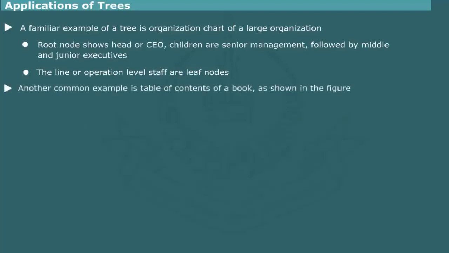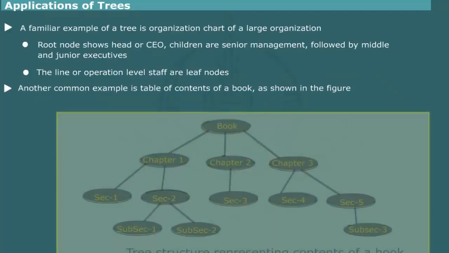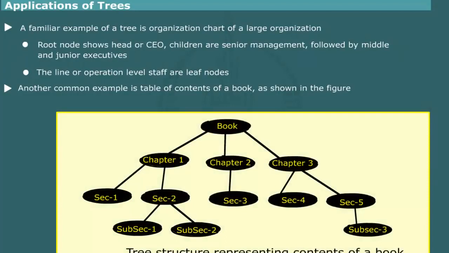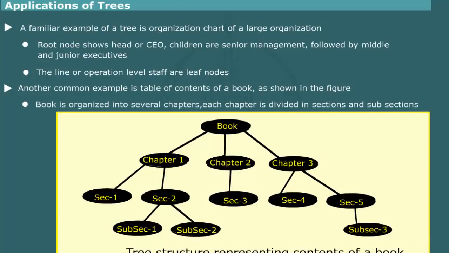Another common example of a tree data structure is the table of contents of a book or a document as shown in the figure. The title of the book is at the root. The book is generally organized into several chapters. Each chapter may be further organized into sections, and the sections may in turn be divided into subsections.